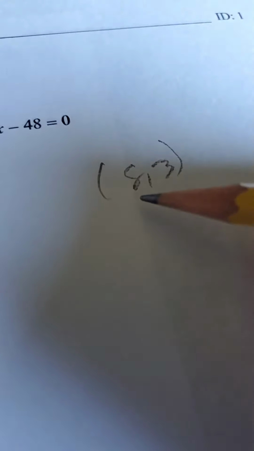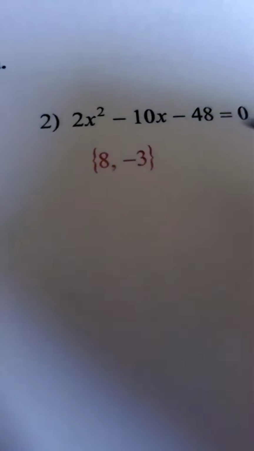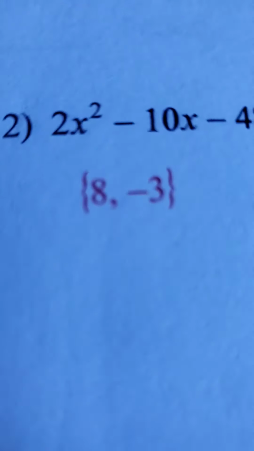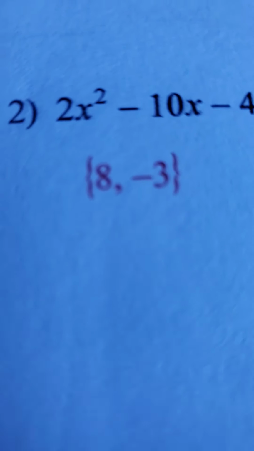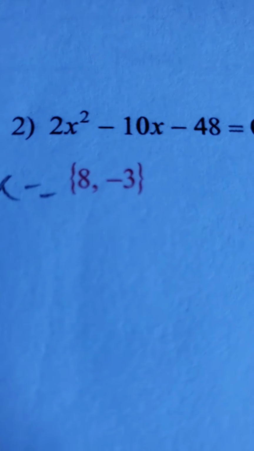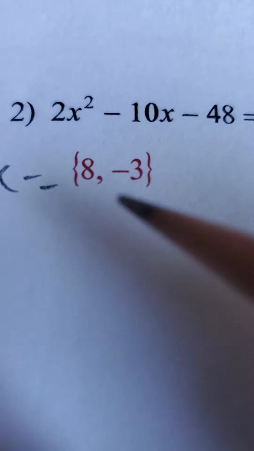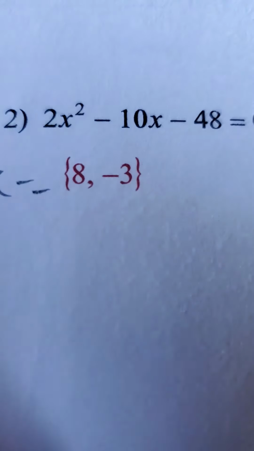A parenthesis means X and Y. These are called set bars, which is the set of answers. So X is a list of answers. Kind of a minor thing, but I just want to make sure I mention that. Set bars is a list of answers versus parentheses, which is an X and a Y ordered pair on a graph. So I hope that helped.